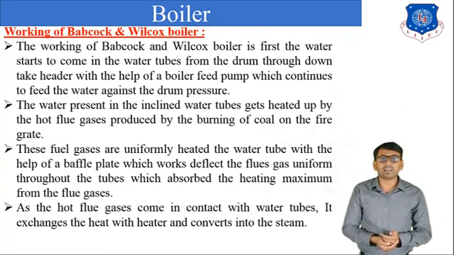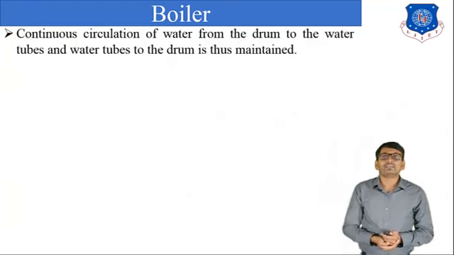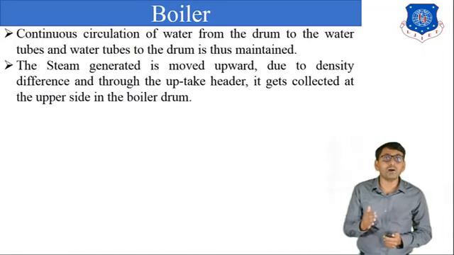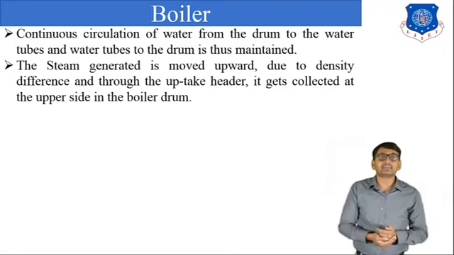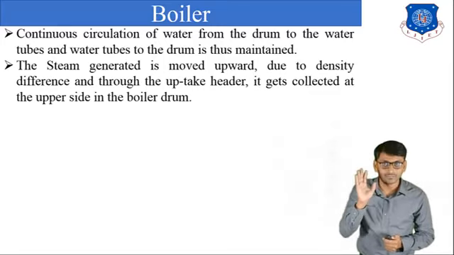As the hot flue gas comes in contact with the water tubes, it exchanges heat with the water and converts water into steam. Then continuous circulation of water from the drum to the water tubes and from the water tubes to the drum is thus maintained. The steam generated moves upward due to density difference, and through the uptake header it is collected in the upper side of the boiler drum.